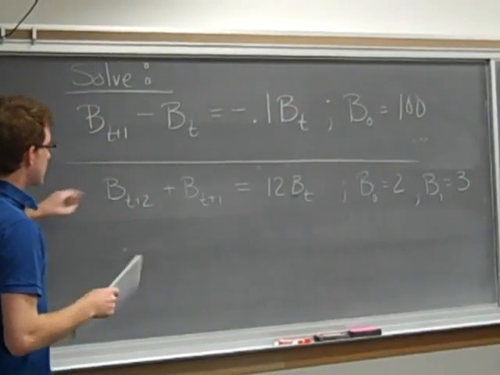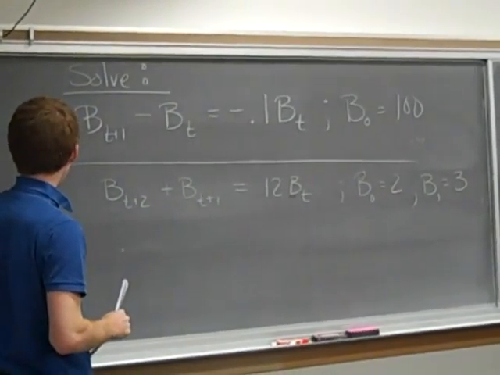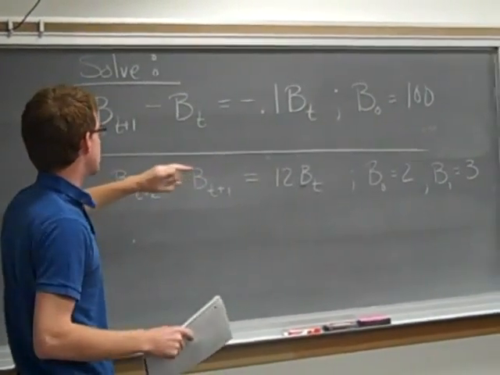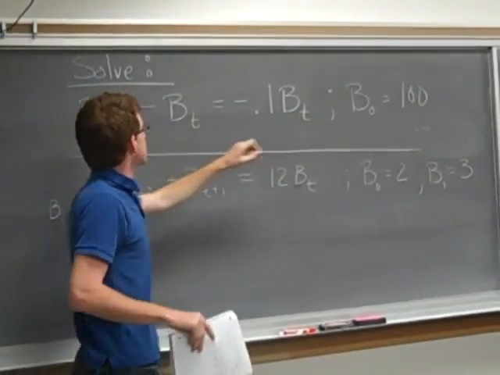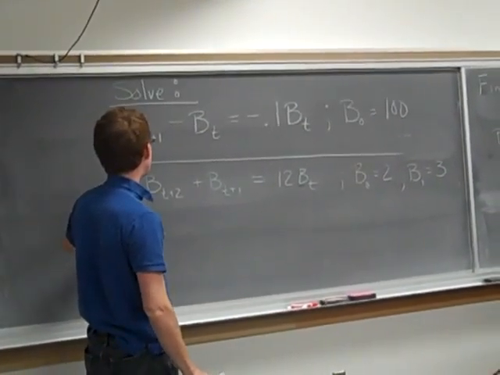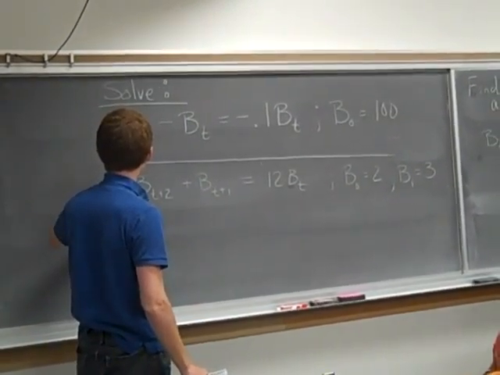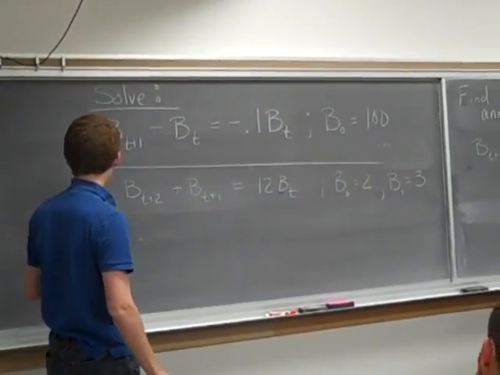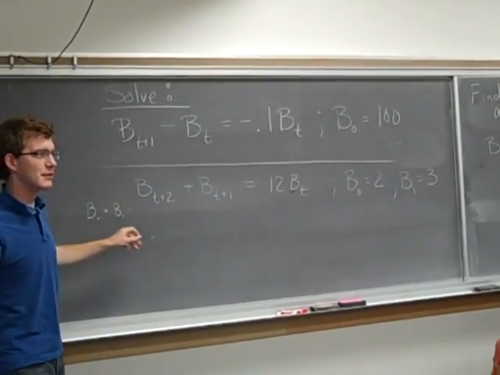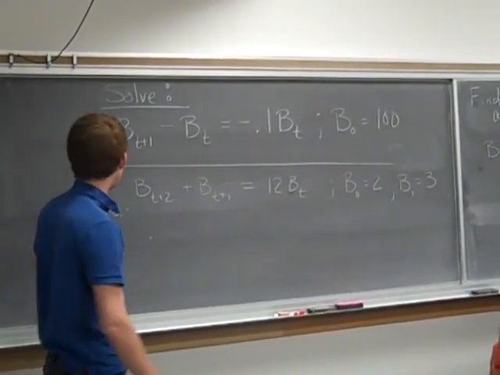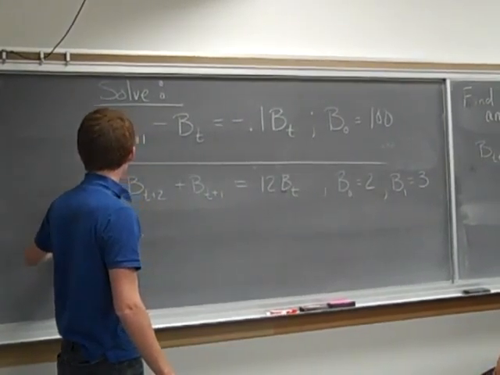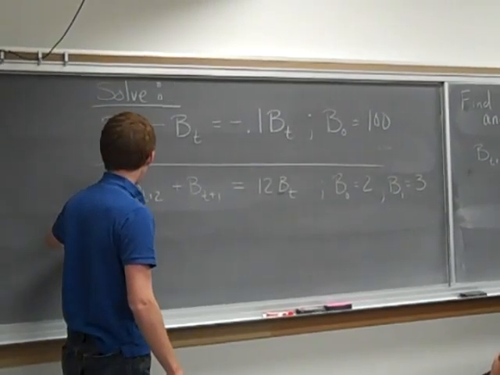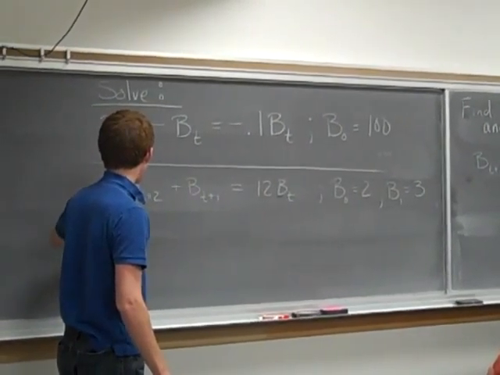So we know that b sub 0 is 100, and we solve for b sub 1 in terms of b sub 0. So we move this term over to the other side, and you get b sub t plus 1 equals b sub t minus 0.1 times b sub t.